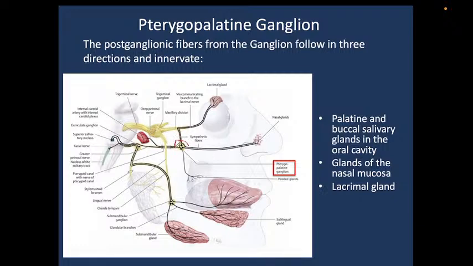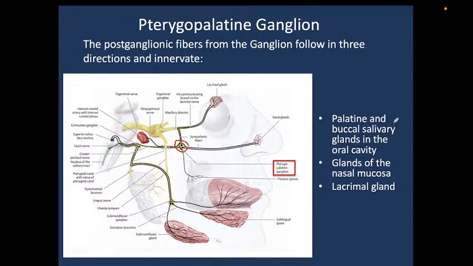This pterygopalatine ganglion is located very deep in the skull, and it is not easy to dissect and see this ganglion, but it is possible if we use a special technique. For example, it is easy to see the ganglion when we use a plastination section of the head, and then step by step we come to the pterygopalatine fossa and see the small pterygopalatine ganglion inside.